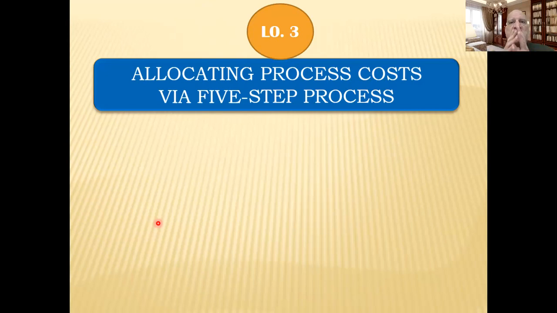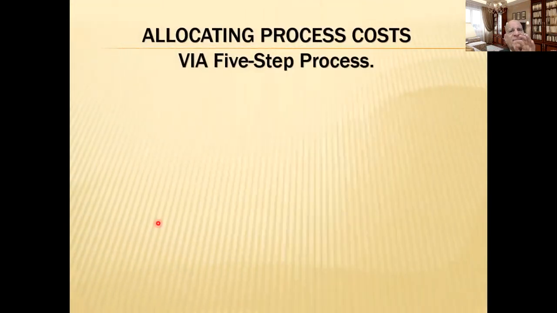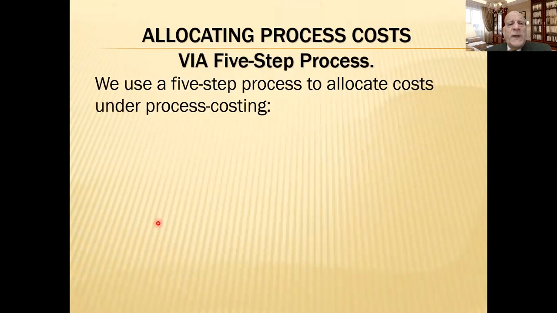So 5 elements to be determined. The preparation of the production cost report includes the 5 steps illustrated as follows. Allocating process costs through 5-step processes. We use a 5-step process to allocate costs under process costing.